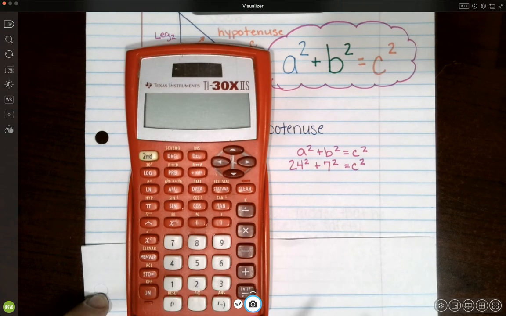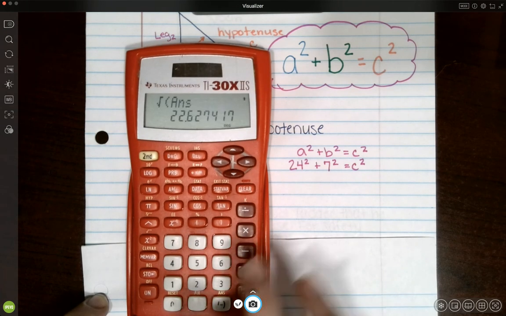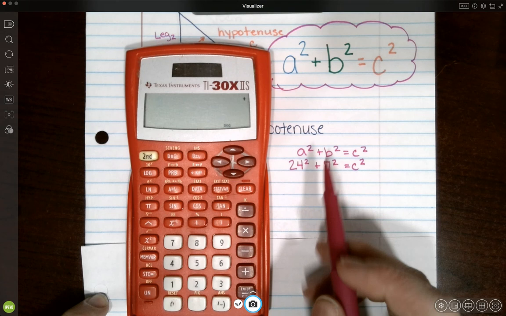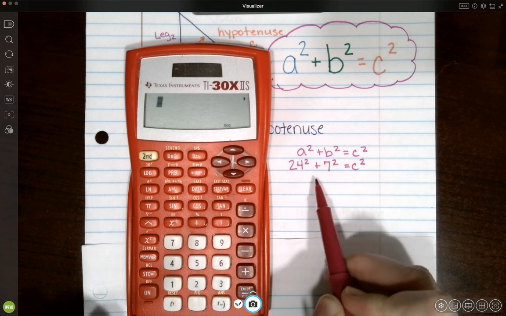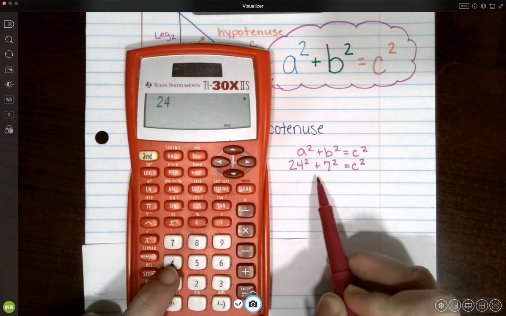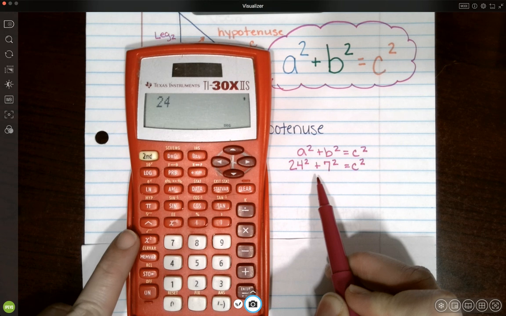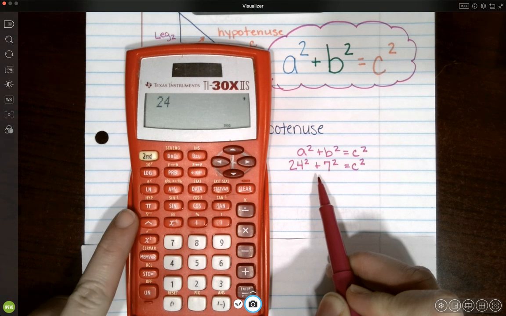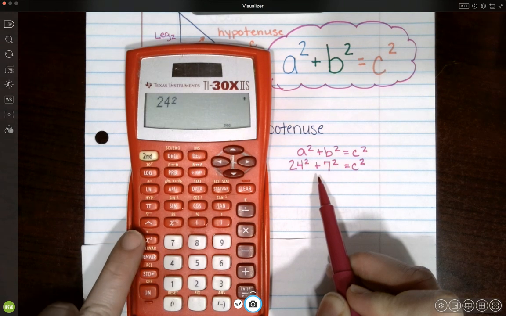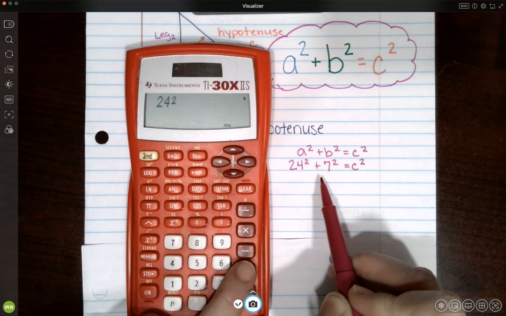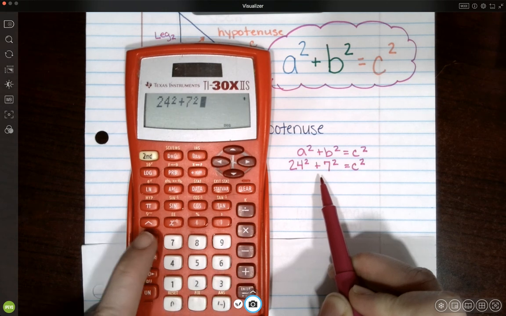A couple things that we need to remember with the calculator is because all of this is on one side, I could plug it in. So we have 24. Notice my squared button is right here next to the X. I could use the caret, but no need. I can push the squared, I can push the plus, and then 7 squared.